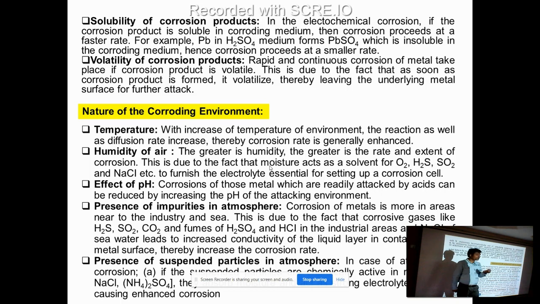At the same time, we observed particles coming to the bottom. Why has it come? Because the corroded product is solubilizing. It is soluble and then coming off the surface. So what will happen if it is soluble and coming off the surface? Again, fresh surface is exposed to oxygen. So again, more corrosion.